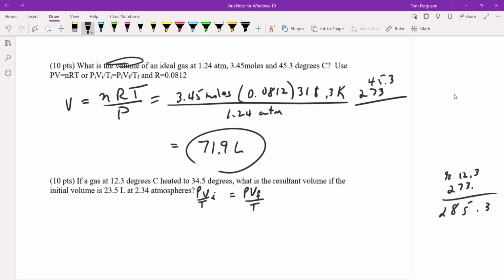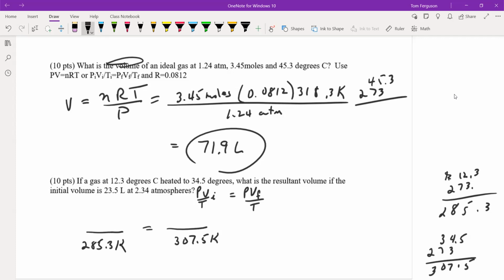So we're heating from 12 to 34 degrees. That's our initial and final temperature.